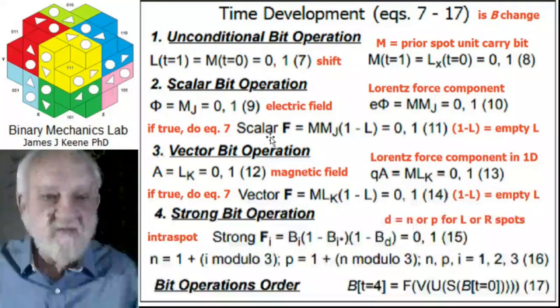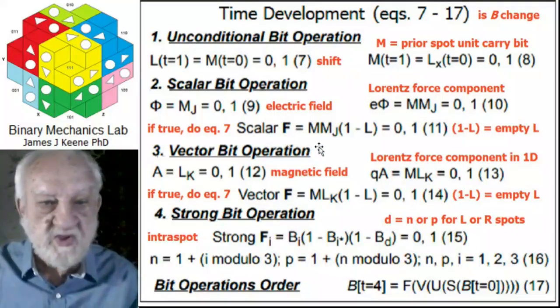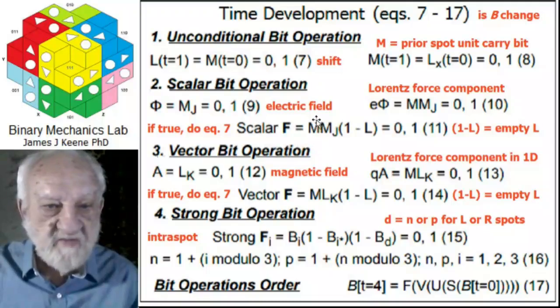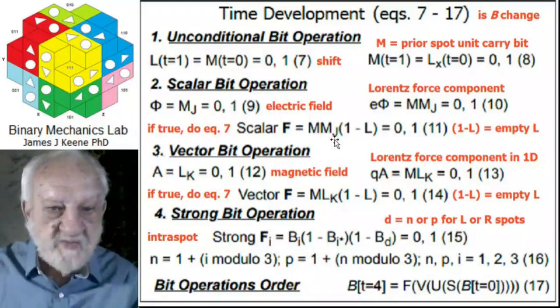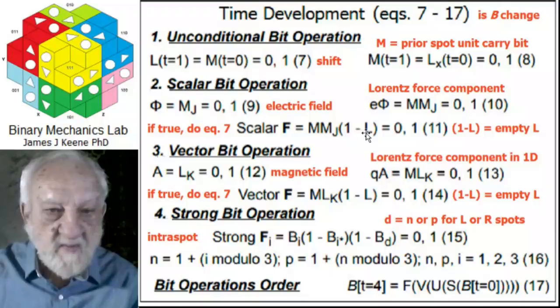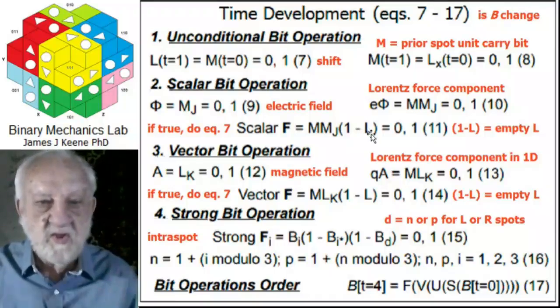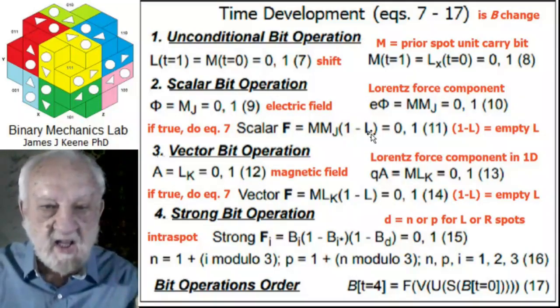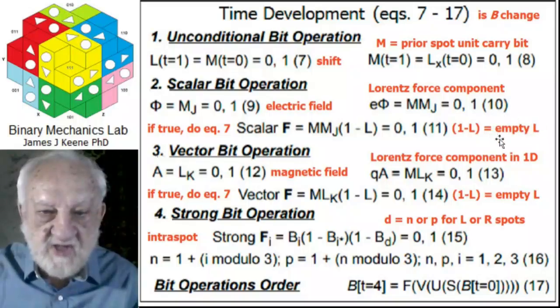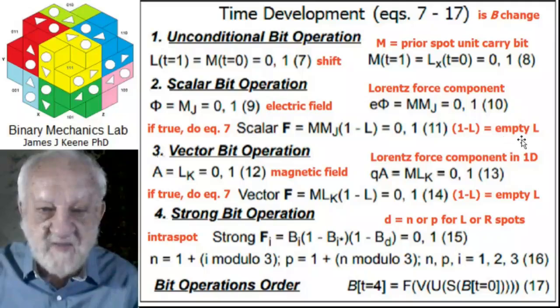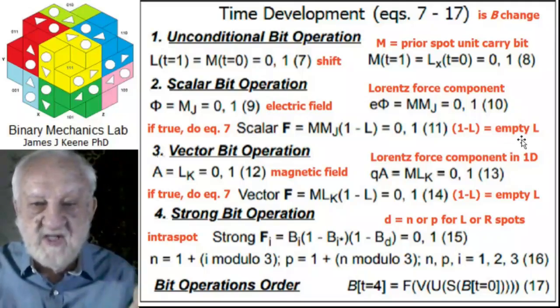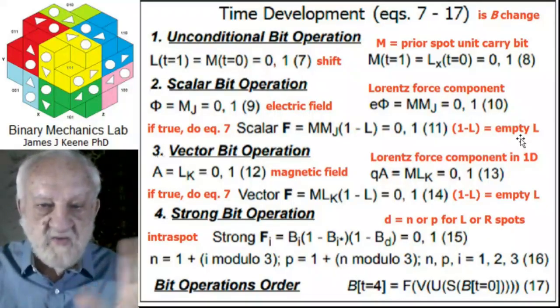So now we can define the scalar force, which is the AND function of the source loci M, the adjacent concurrent loci M sub j, times 1 minus L. What in the world could that be? That's not L. It means that the L loci in the same spot unit as the source is empty, so it can receive a 1 state moving into it.